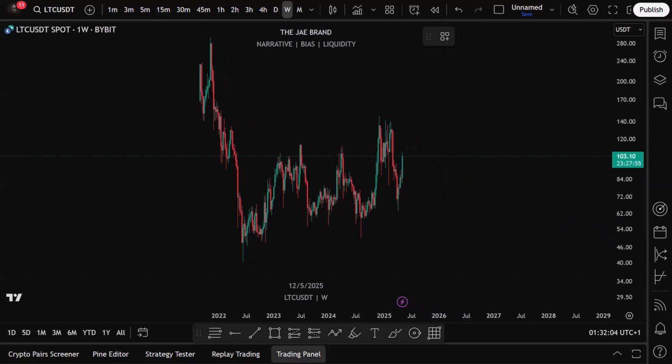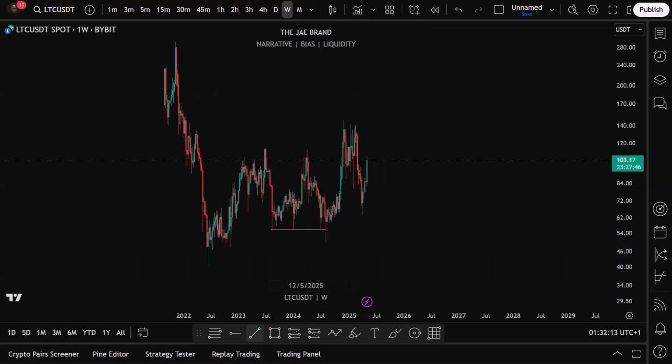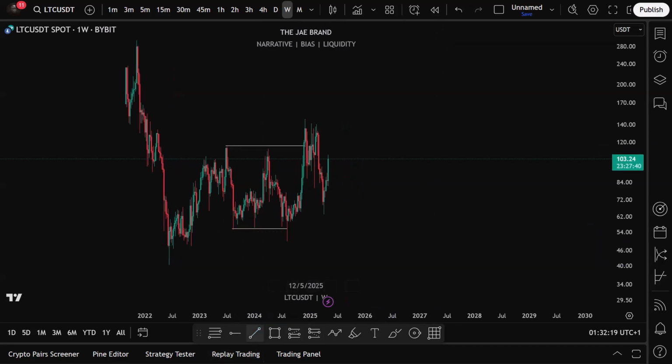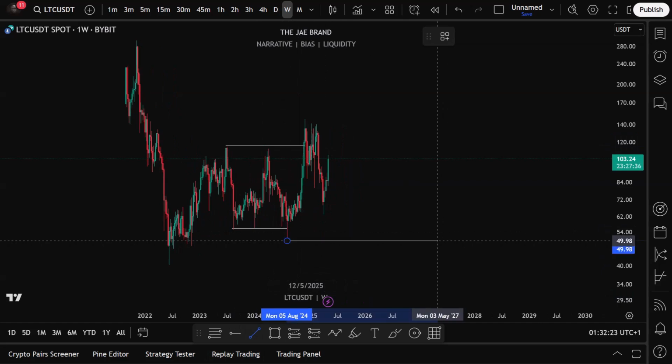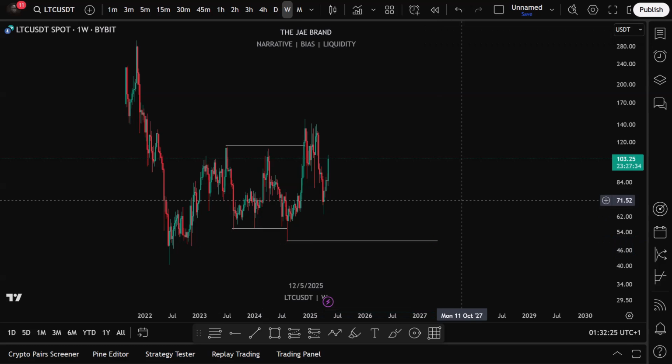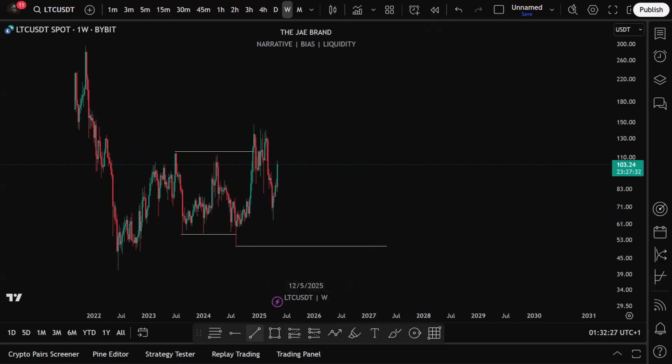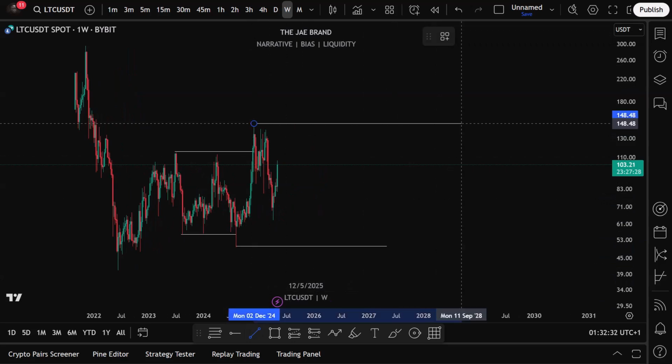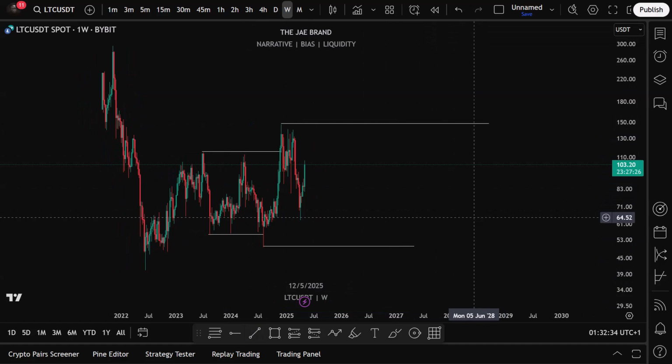Right here I can see a sweep of this low, and then on the weekly time frame a break of this structure, and this is my protected low. So this is already a swing structure for me.